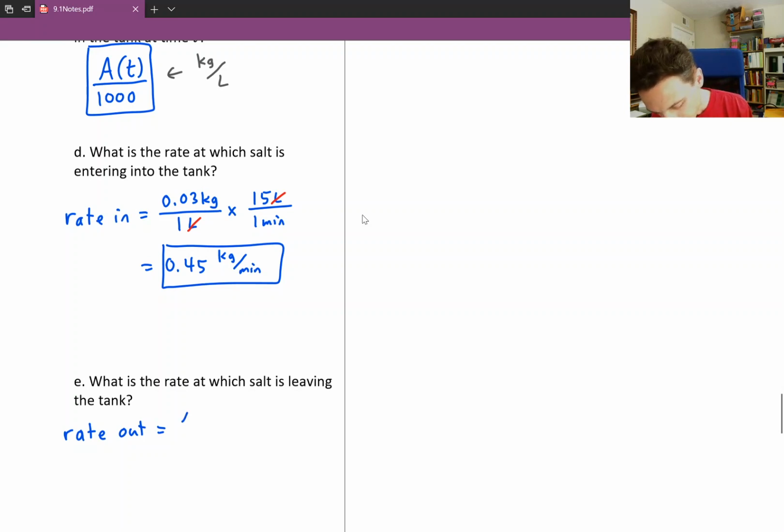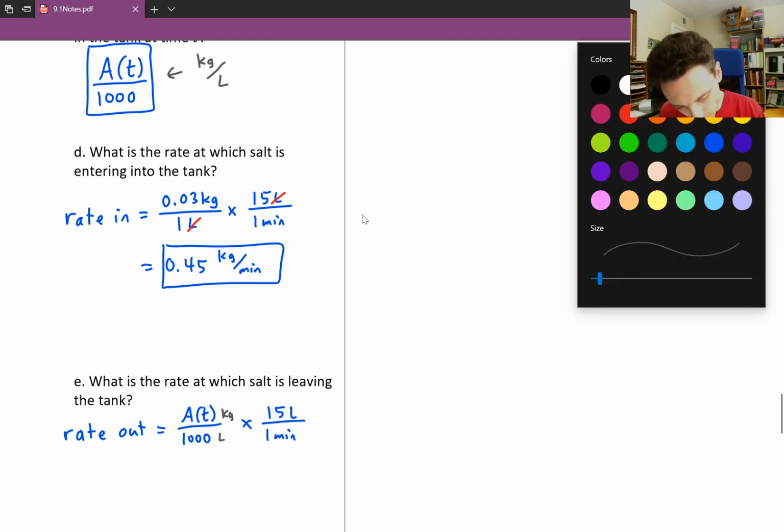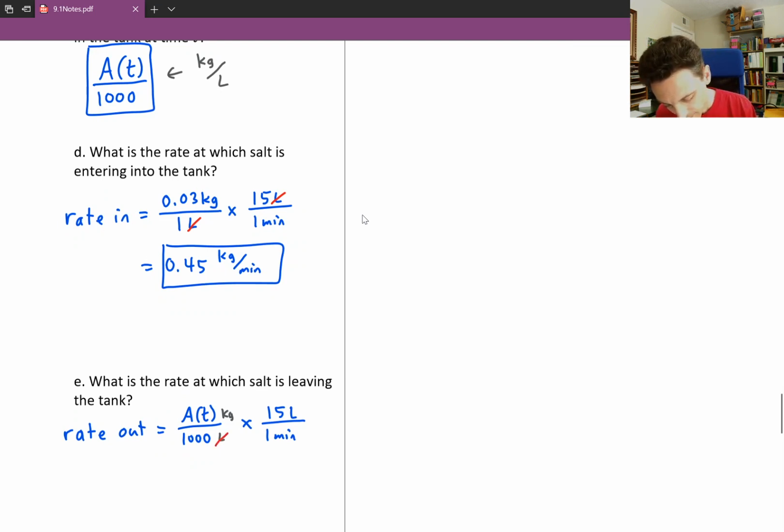So A of t over 1,000 times the outgoing flow rate of 15 liters per 1 minute. The units are kilograms per 1,000 liters, so once again the liters will cancel, and we're left with kilograms per minute.